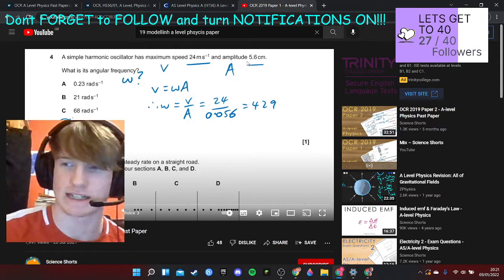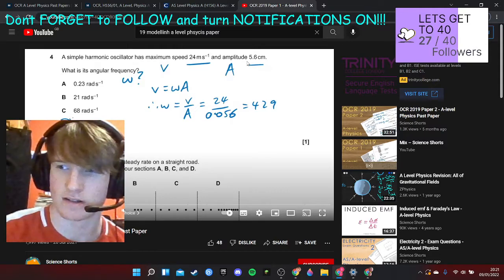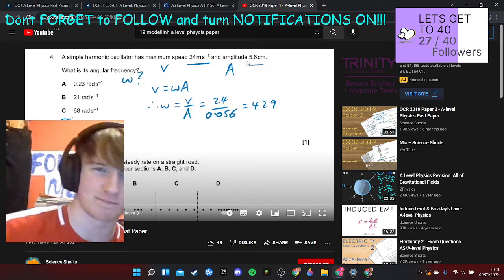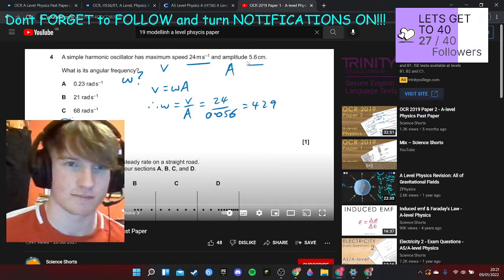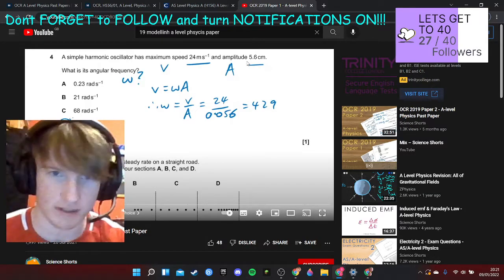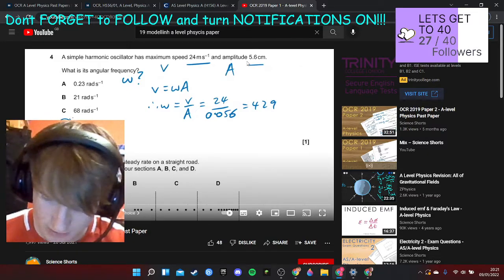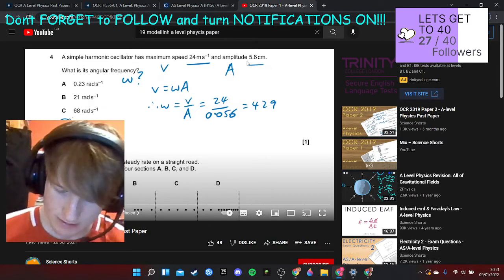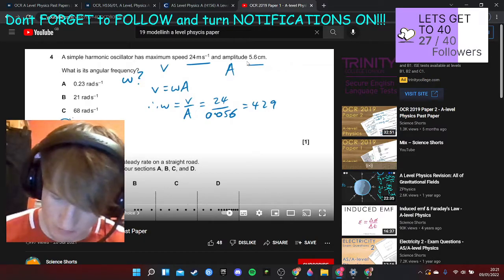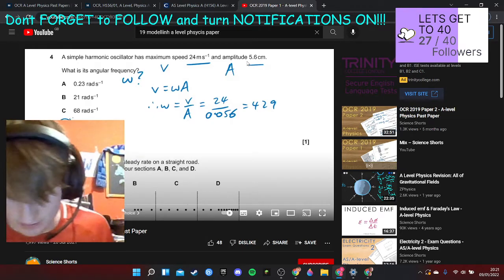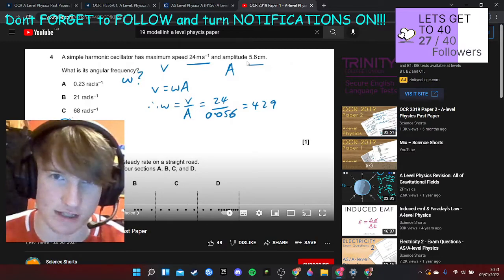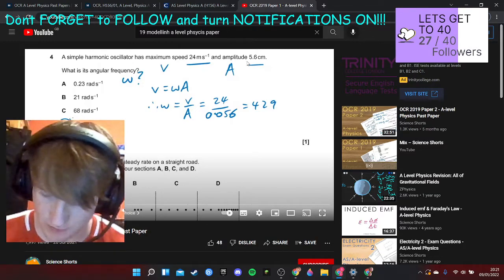The angular frequency is the angular velocity. So you do v equals omega A, and then we know the velocity is 24 equals omega times A. The amplitude is 5.6 in meters, so you take 2 off, 0.056.